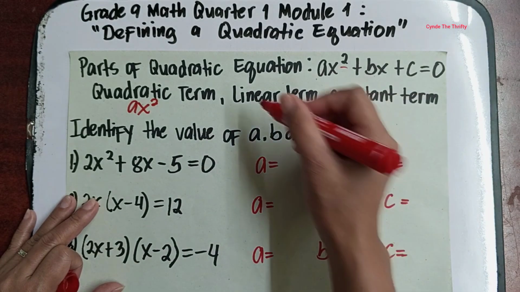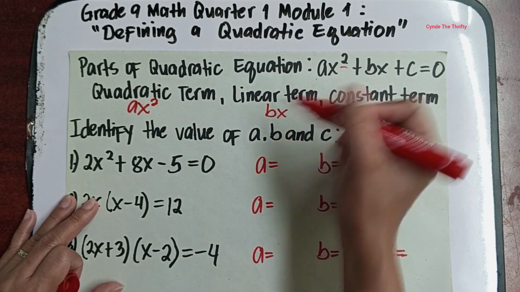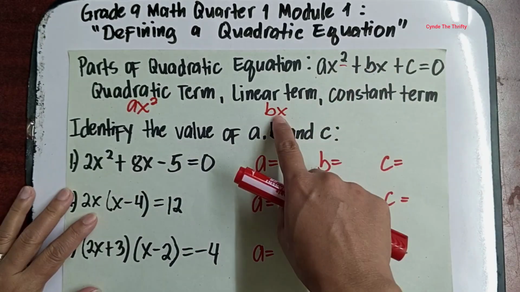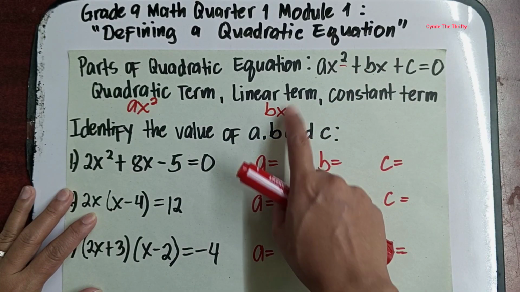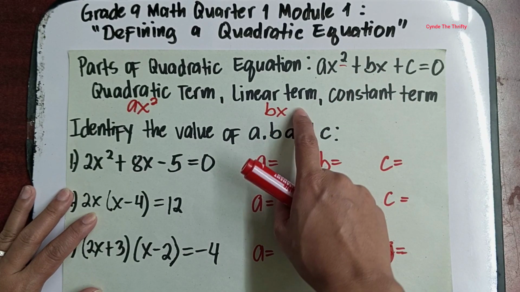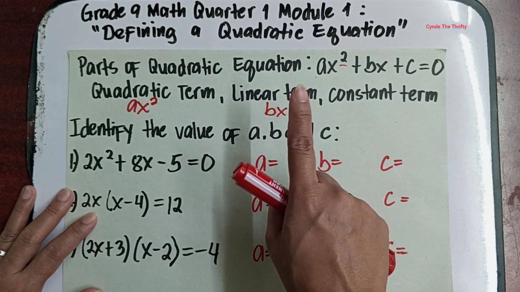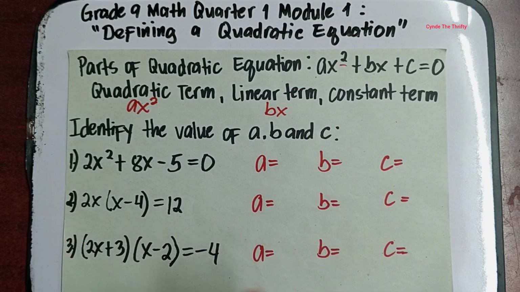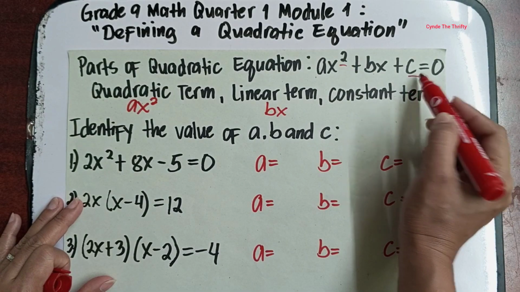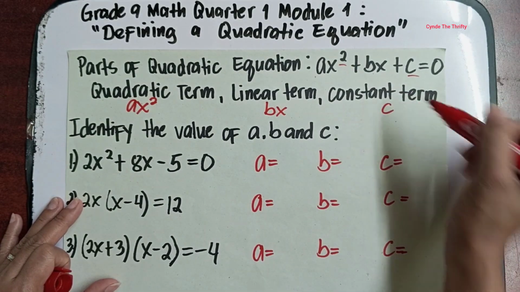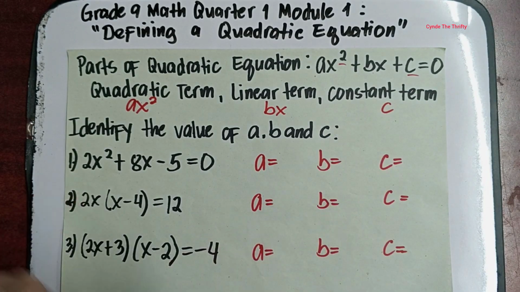Ang linear term naman is si bx. Okay. Si bx is a linear term kasi ang exponent ni x is 1. So, automatic si x merong exponent siya na 1. Kaya, tinatawag natin siyang linear term or 1 ang kanyang exponent. Si constant term naman is si c. So, si c, ang value ni c, yun ang constant term natin.